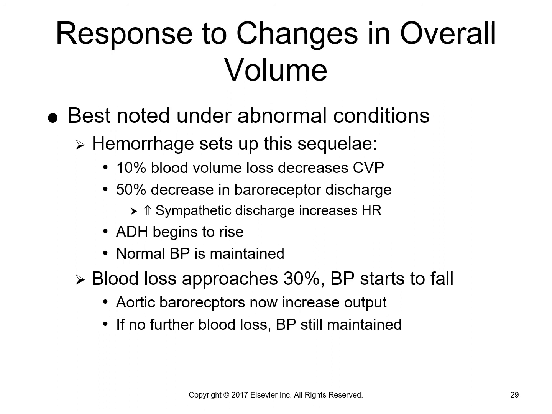That's how the body is responding to this hemorrhage. If your blood volume loss reaches 30%, then your blood pressure is going to fall, and your aortic baroreceptors now increase their output, and as long as there's no further blood loss, they can hopefully maintain the blood pressure.